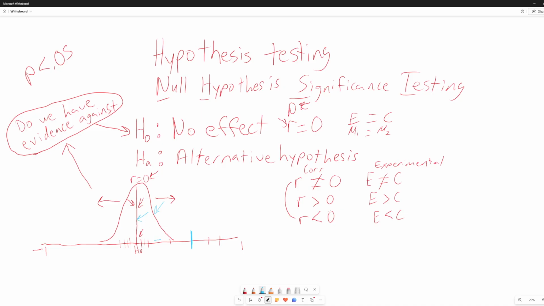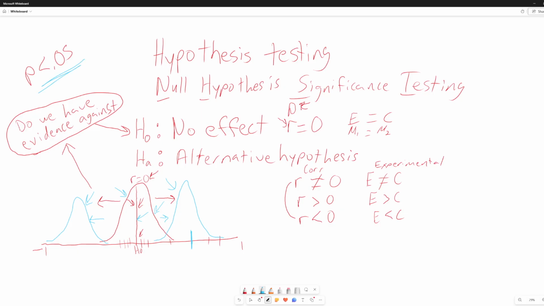Instead, the real population value is probably somewhere in this distribution. It's basically saying that once we get far enough in this direction or in this direction, we start to have evidence against the correlation value coming from this distribution, and it's more probable that it came from one of these two distributions.